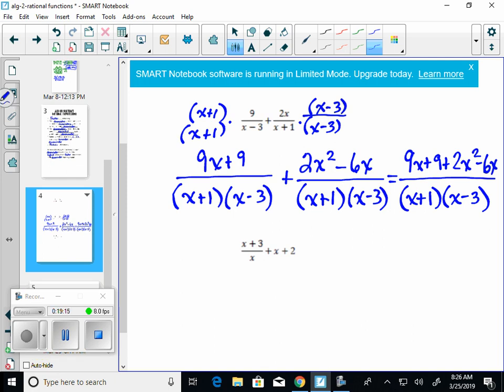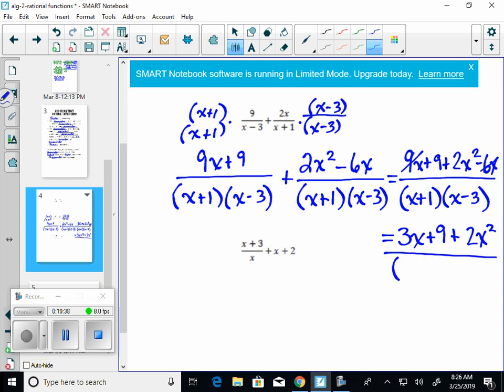So what can you combine? Good. So when you take 9x minus 6x, what do you get? 3x. And then you have a plus, and so these are gone, right? So then you have plus 9 plus 2x squared.